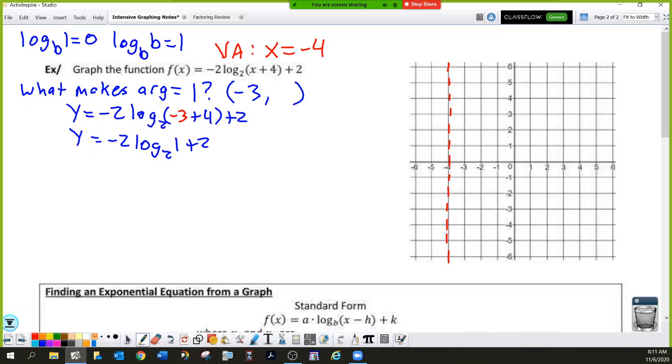Well, log base 2 of 1 is 0. So what that says is -2 times 0 plus 2, which is 2. So the first of 2 coordinates we need is at -3, 2. And the other one, the other special log, is what makes the argument equal base.